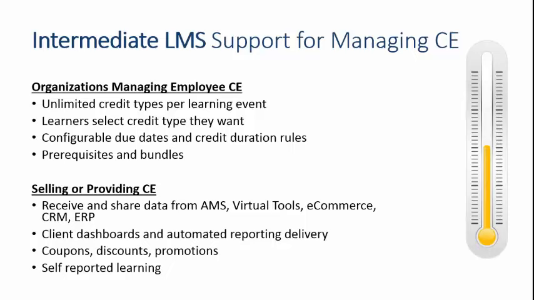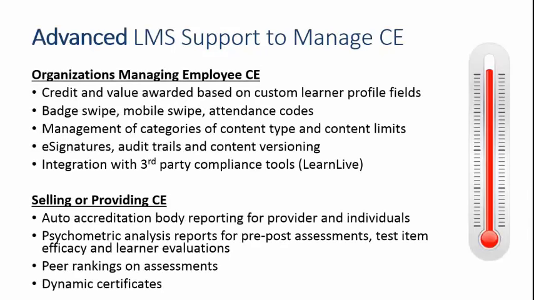So that's the whole intermediate level to manage multiple jurisdictions, and it comes with dashboards and automatic reporting, and you're selling your content, even with things like promotions and bundles.